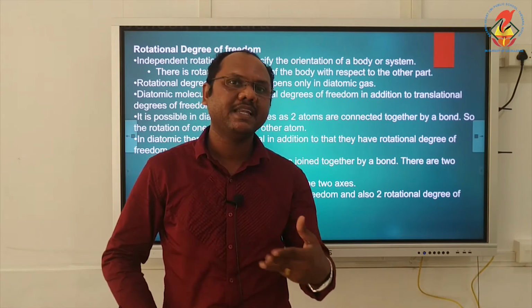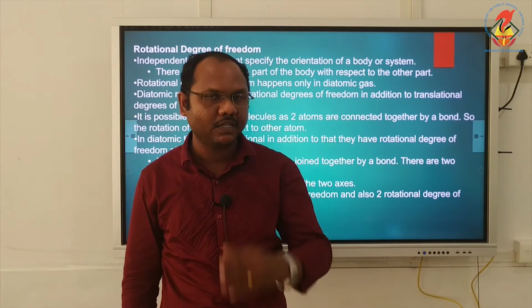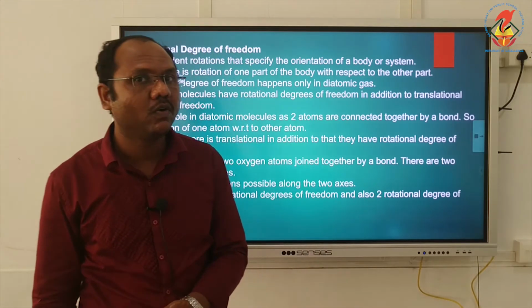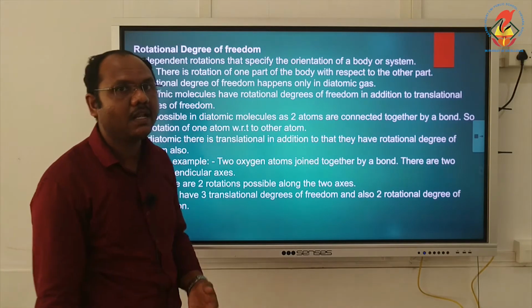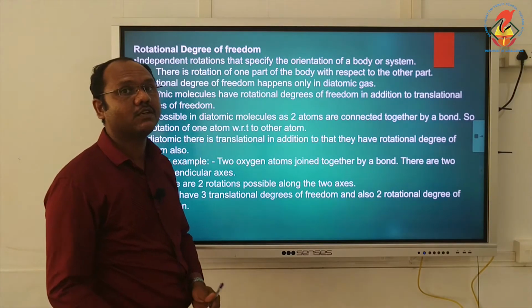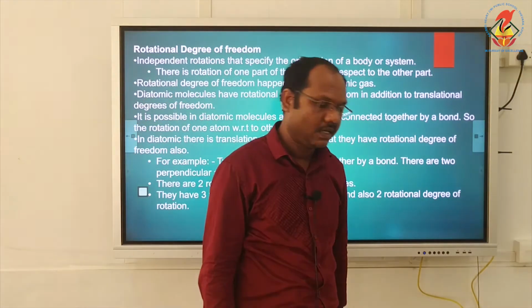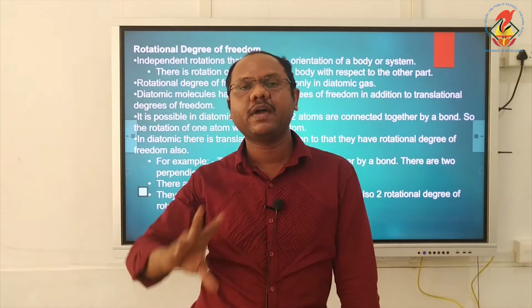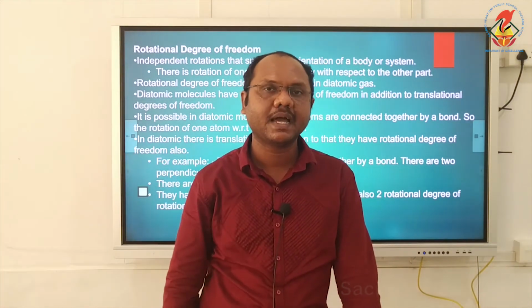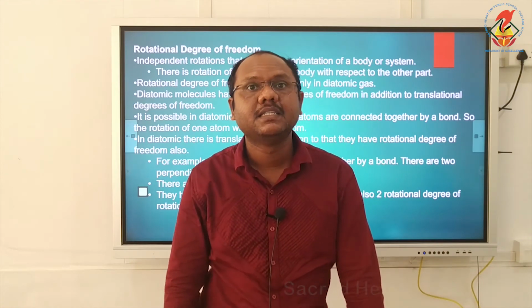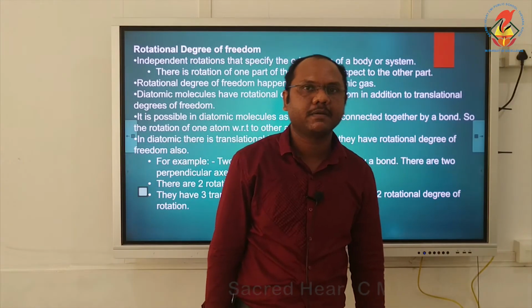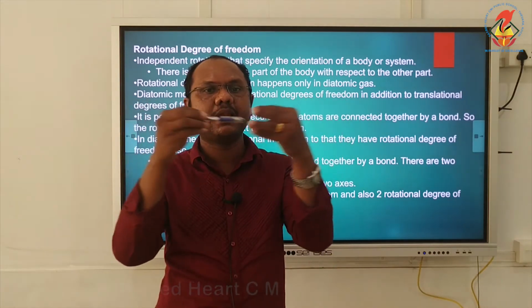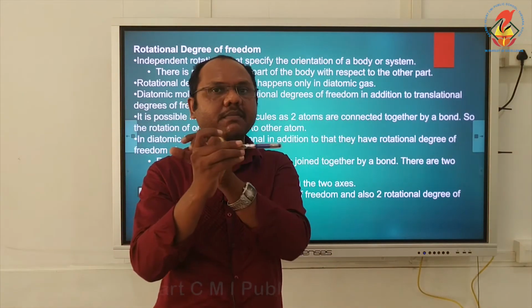So how will we find these degrees of freedom? There is an equation which I will tell you now. Before that, I told you there are rotational, translational and one more degree of freedom which is called vibrational. Consider the case of a diatomic molecule itself, and if I increase the temperature to a very high extent, then the molecules will start vibrating about their mean position.